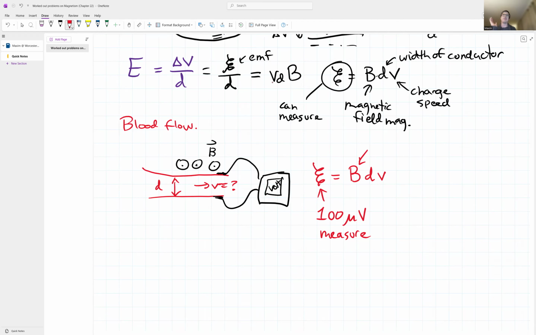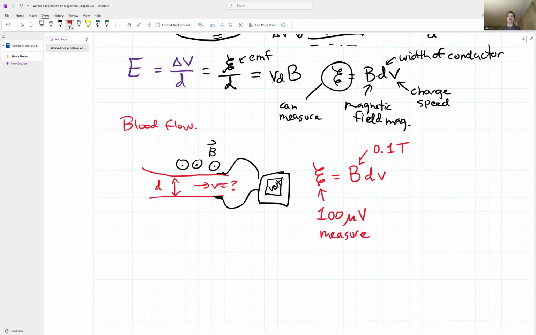And let's say you applied a field of 0.1 Tesla. By the way, a Tesla is a big field. Normally you would have a much smaller field in a lab setting, smaller than a Tesla.